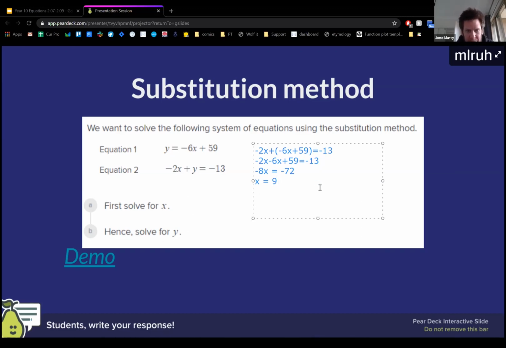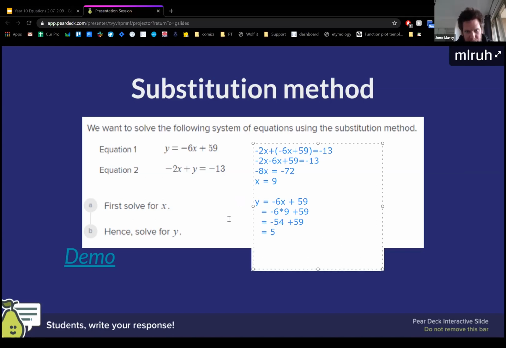Now we have our answer. We can substitute it back in. Let's pick equation 1, because it was already set up in terms of y. So y equals minus 6 times 9 plus 59, minus 54 plus 59. Nice answer. y is equal to 5.